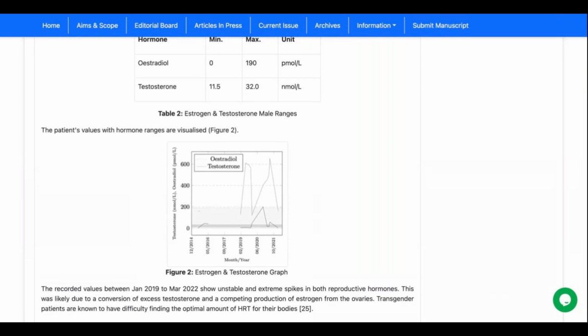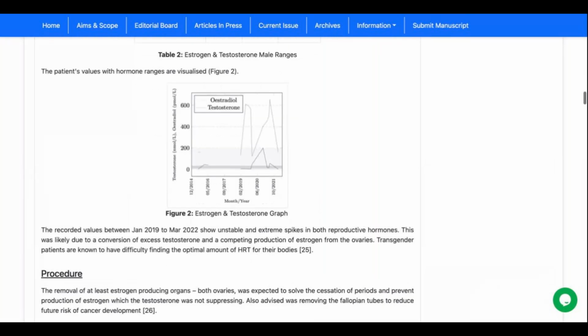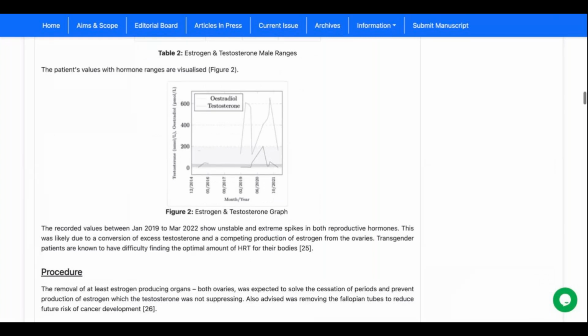It's like you start off with different races and everybody mixes together. It just takes some time for society to accept it. So that was the patient here, transgender.